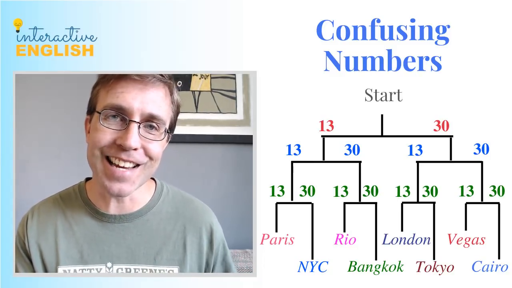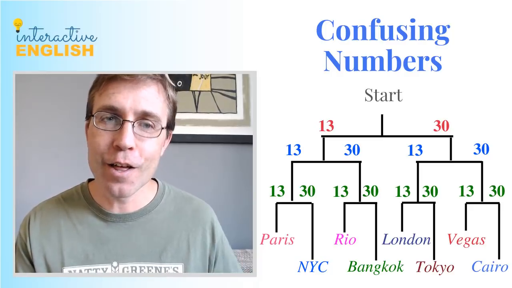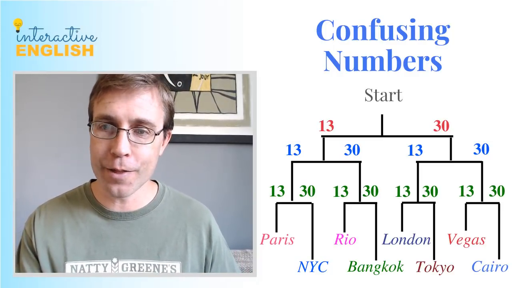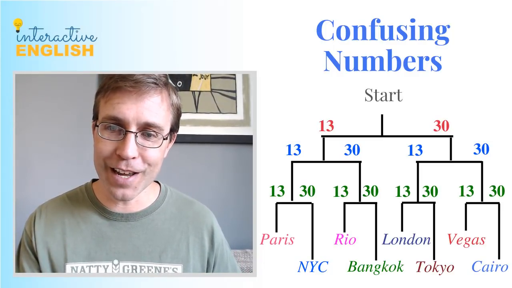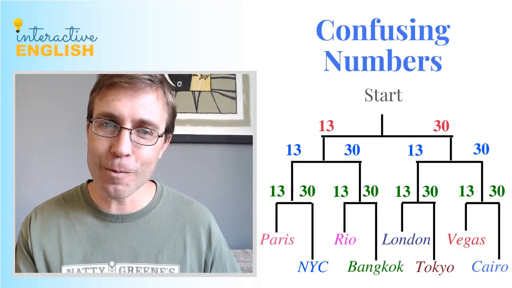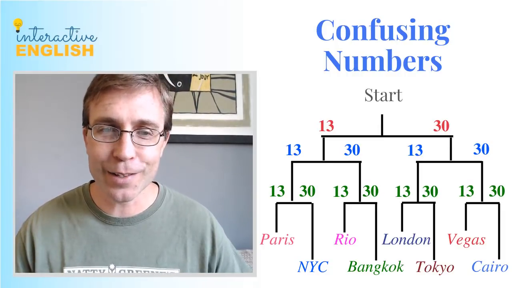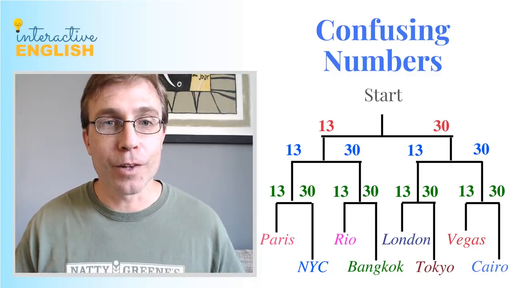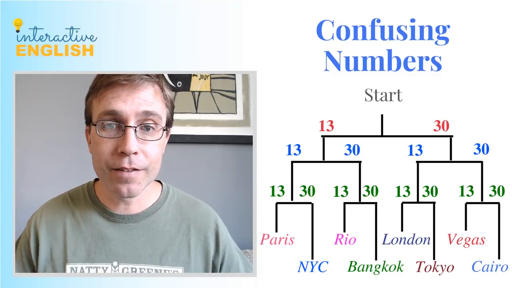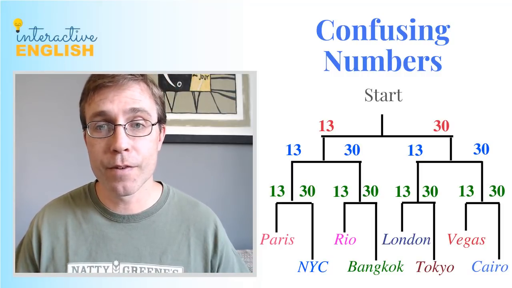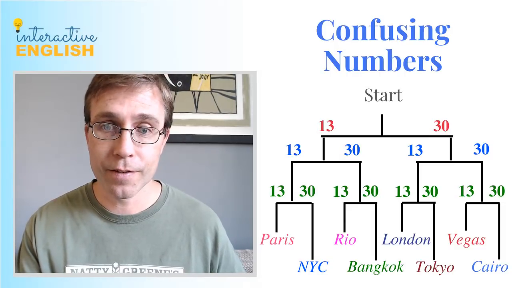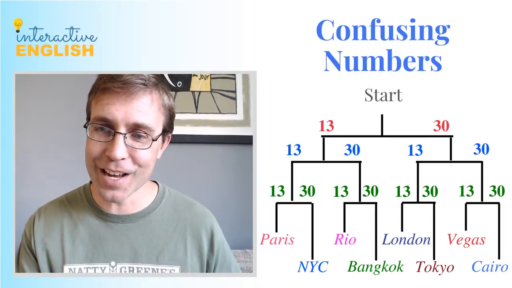Where did you guys end up? Write that in the chat. 13, 30, 30. Okay. What are you guys hearing? Okay. I'll say it one more time. Starting with the red. 13, and then blue, 30, green, 30. Which city did you guys end up in?